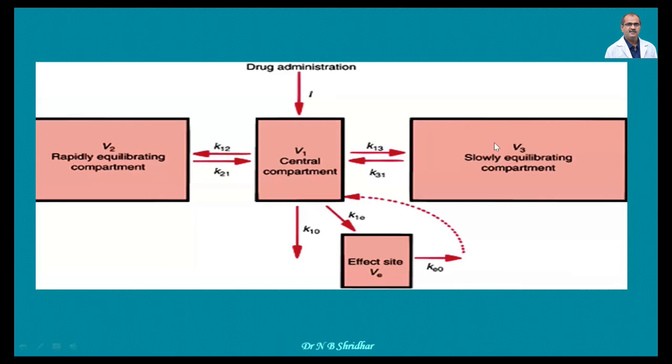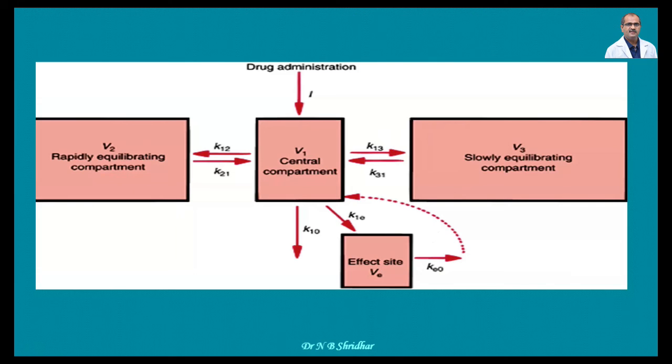So all these need to have an equilibration here. You cannot prevent the drug from going to the other organs like the skin, etc., because it depends totally on the chemical nature of a drug. A drug may be highly lipophilic in nature, highly hydrophilic in nature, or highly plasma bound in nature.